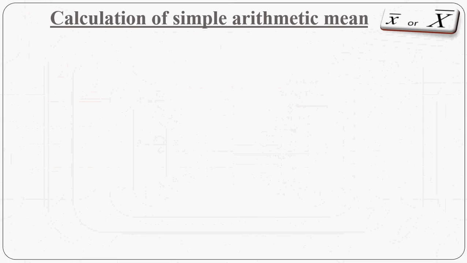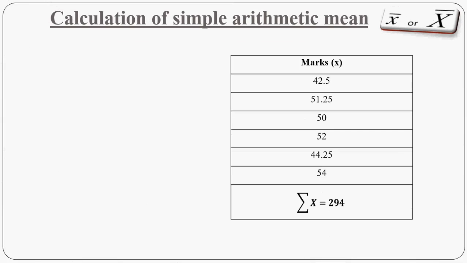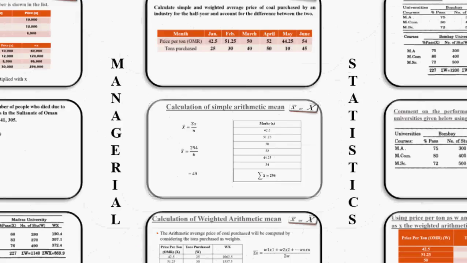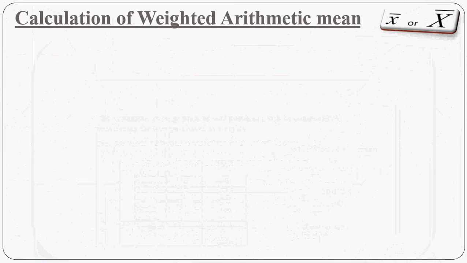First, we need to know how to calculate the simple arithmetic mean. So this is the step. We need to take the total of the values given and calculate sigma x. After calculating sigma x, we need to apply the formula, that is mean is equal to sigma x by n, which will give you 294 divided by 6, which is 49. So let me further explain very clearly.